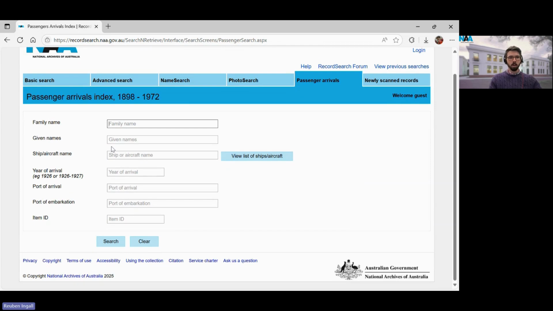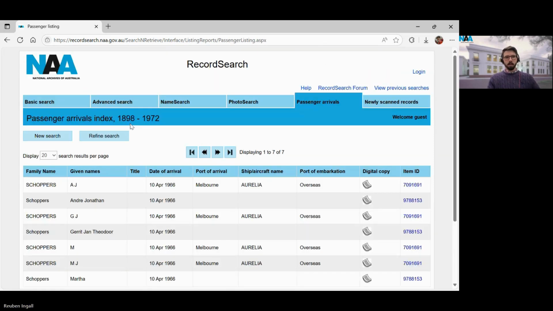You can refine your search by all these various fields: year of arrival, the name of the vessel, and again, I recommend you can try searching just a family name or just an initial, as many of these ship's logs will have just an initial on them.